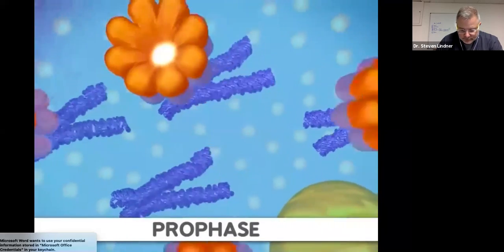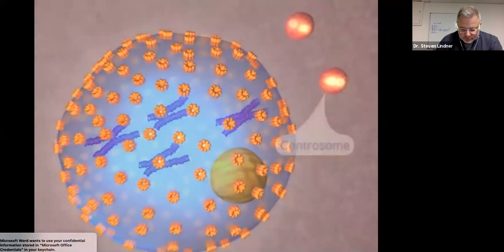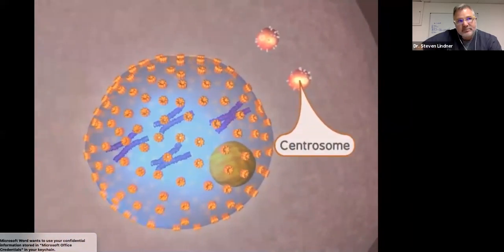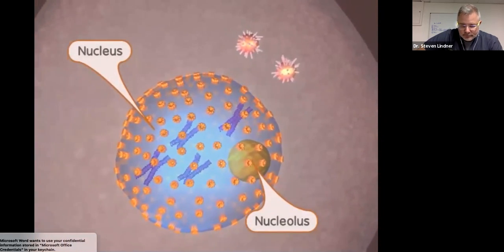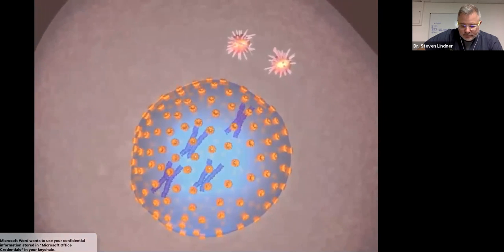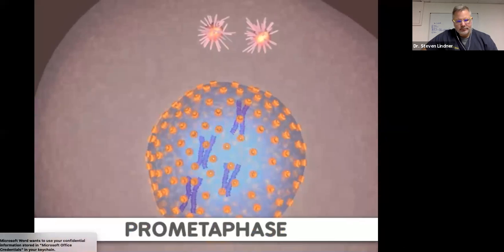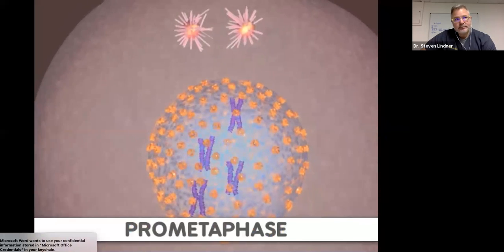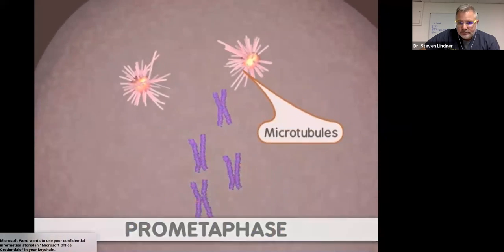At the same time, protein strands called microtubules appear from the centrosomes in animals. Finally, a structure found within the nucleus, the nucleolus, disappears. Next, prometaphase begins when the nuclear membrane is broken down. At the same time, microtubule strands, or spindle fibers, are growing from the centrosomes.